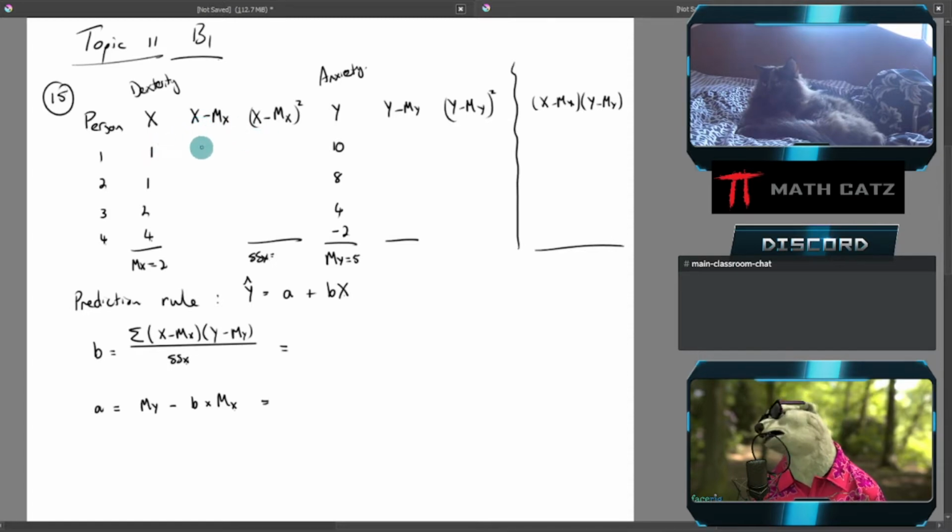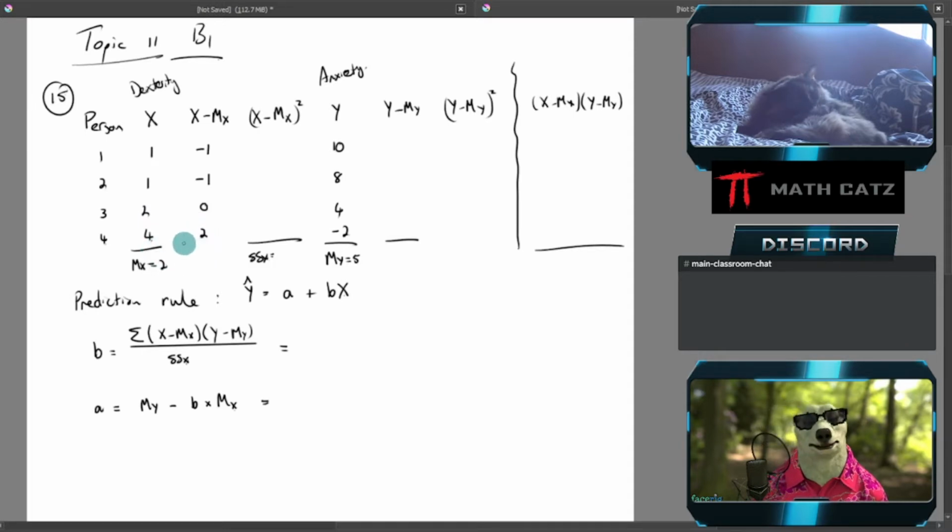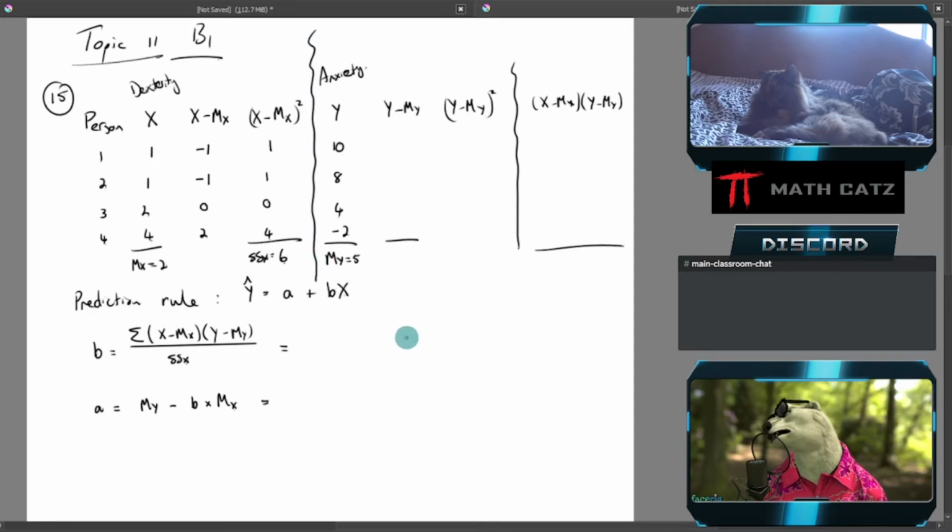Deviation of the x scores from the mean: 1 minus 2 will be negative 1, 2 minus 2 will be 0, 4 minus 2 will be 2. Now we square them: 1, 1, 0, 4. And then the sum of the squares is 6. We need that at the bottom here in our b formula.